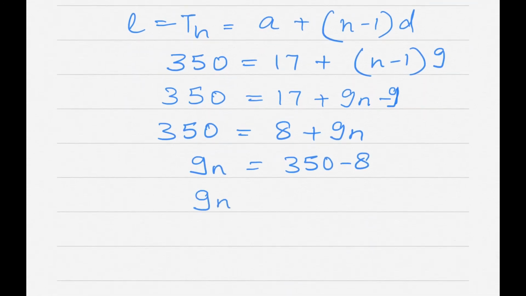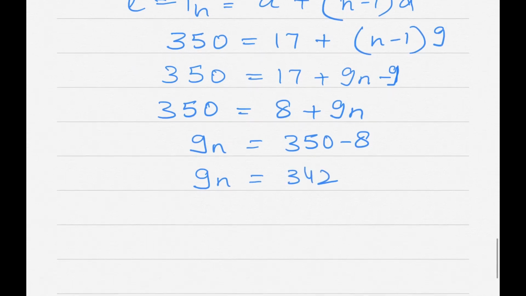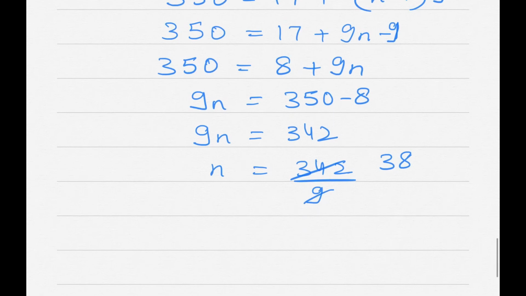Now 9n is equal to 342. Okay, so n will be equal to 342 by 9. So what we are getting is 9 3 times 27 and 72 8 times, right? So n is equal to 38. I got the first part of the question.